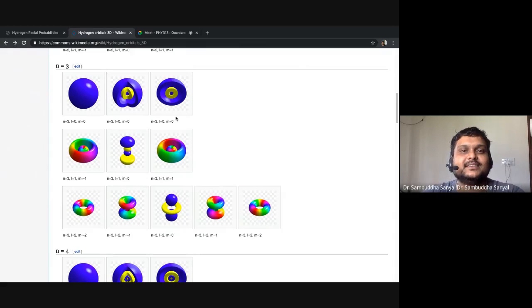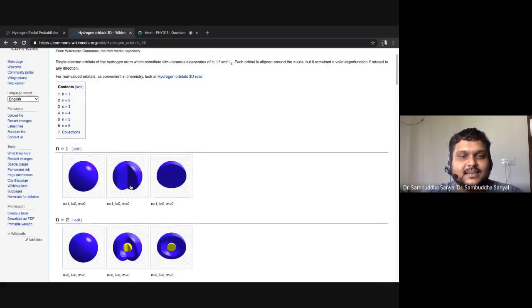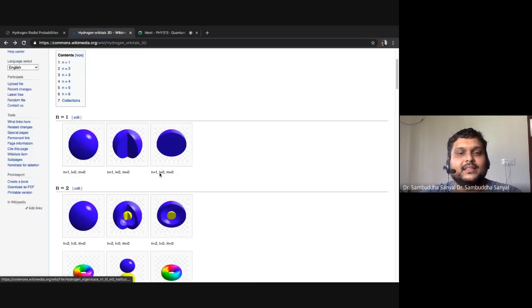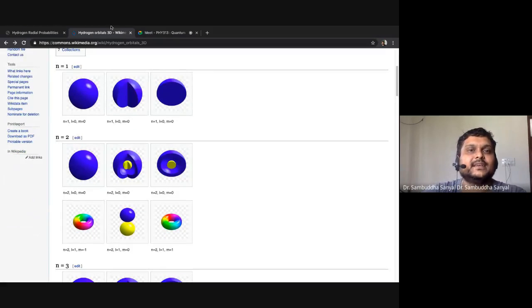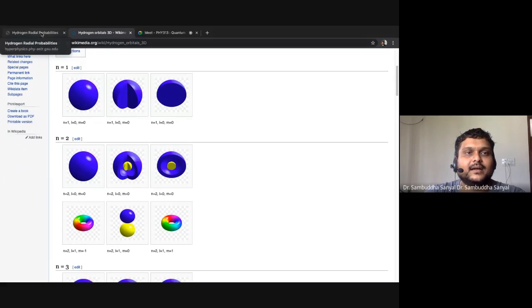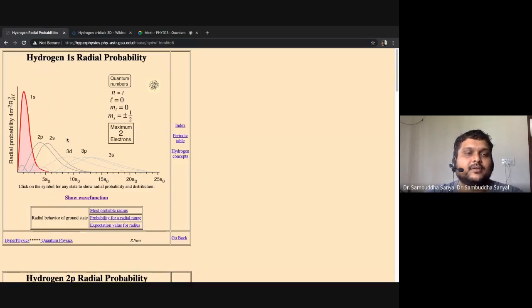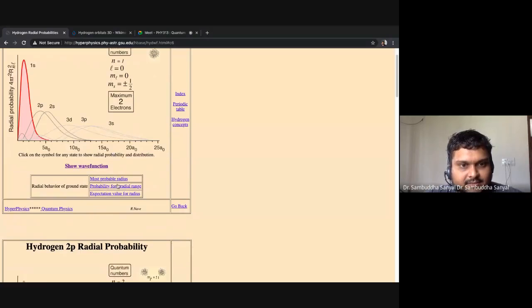The nucleus is sitting somewhere at the origin, at the center, and the probability cloud looks like this. If you look at this plot radially, just in the radial direction, you will find them to have this structure. Let me see if I can show you another form. Most probable radius.